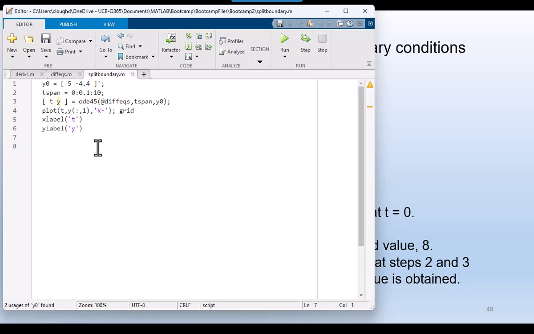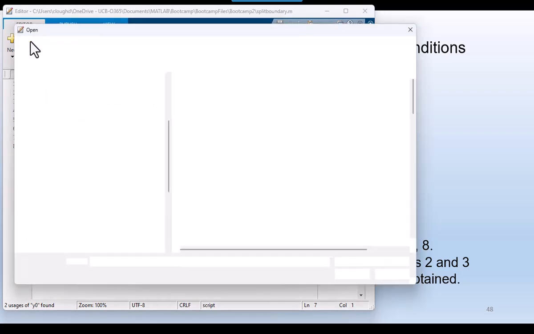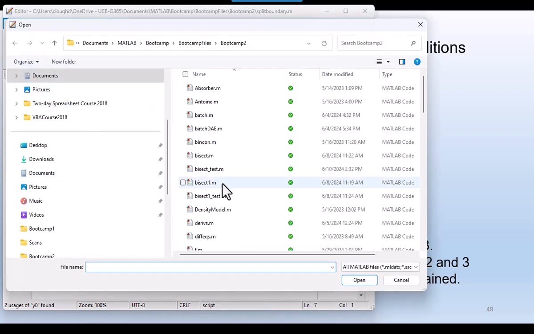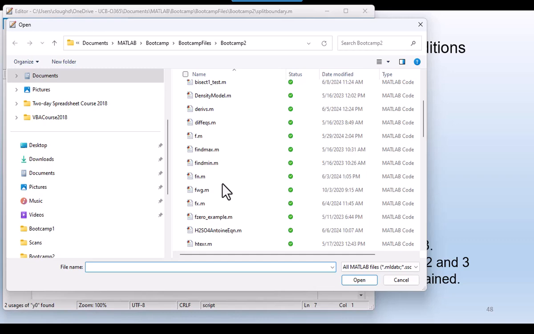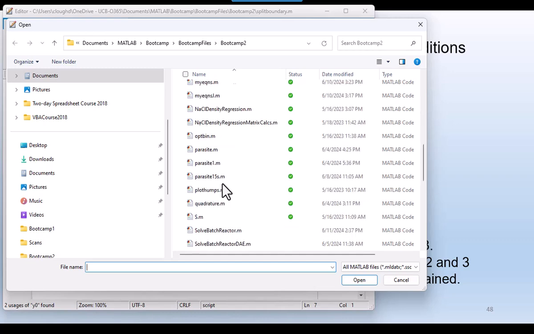And it turns out that we can go back to what we did for algebraic equations, and we can couple in our f0 function to help solve this problem. So we're going to go to solve split boundary M, I'm sorry.